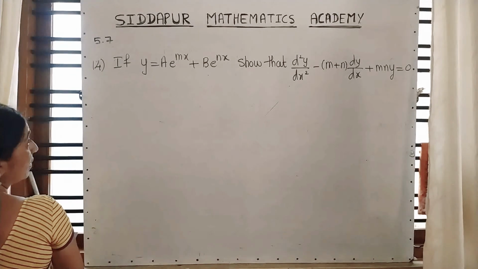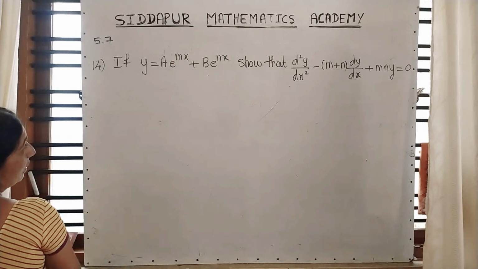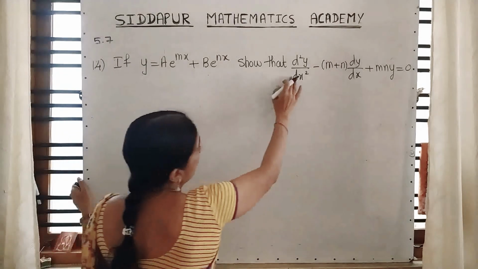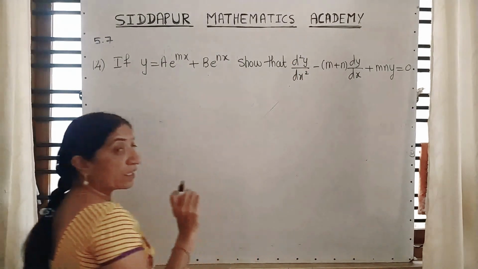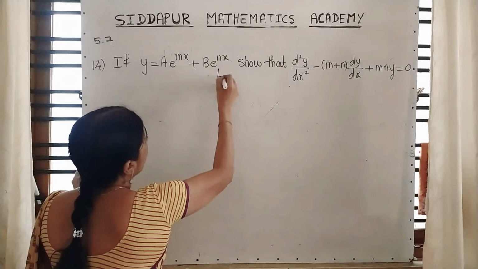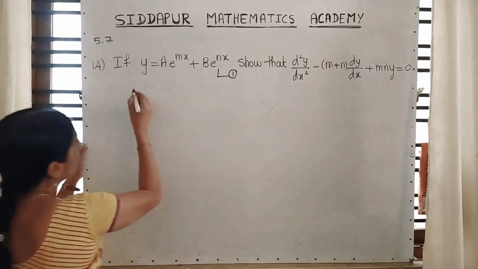So it is not necessary in the differentiation steps only we will get the answer. Here I am finding dy upon dx and d square y upon dx square, then substituting in the left side. Let us call this as equation 1.